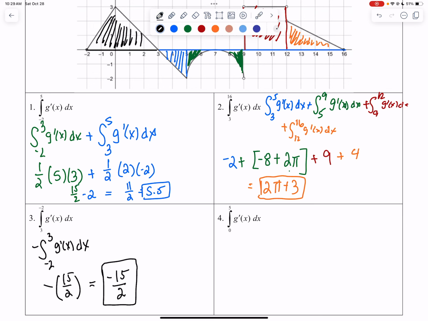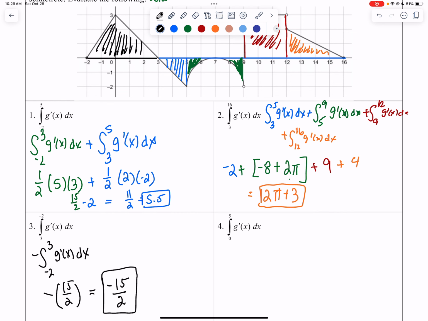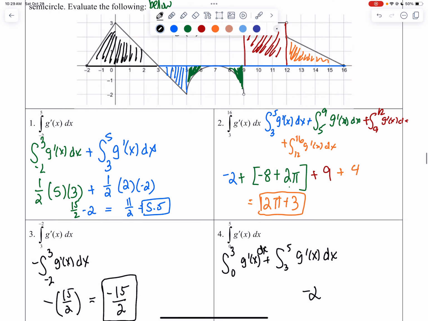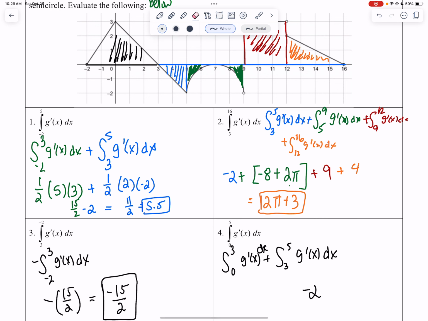Number 4 is the integral from 0 to 5 of g prime of x dx. So kind of have 2 parts once again for number 4. I have 0 to 3, and then I have 3 to 5. I already know what 3 to 5 is, because 3 to 5 from number 1 was -2. So the only thing that I really need is the area from 0 to 3, and that is just this part right here.